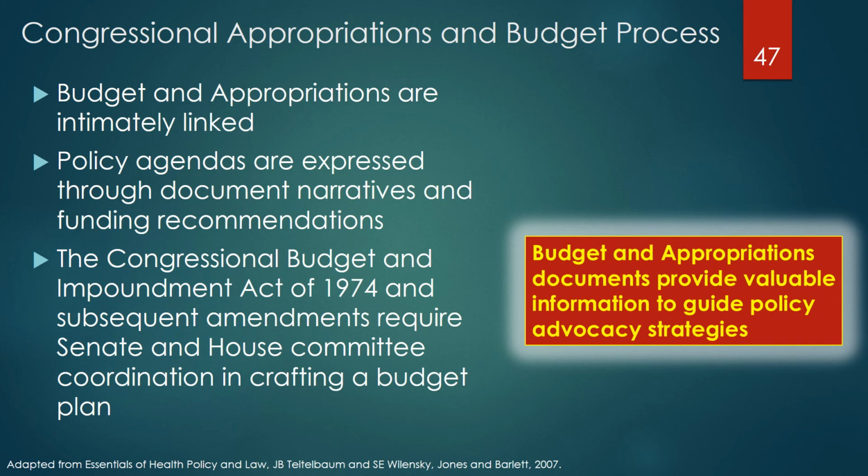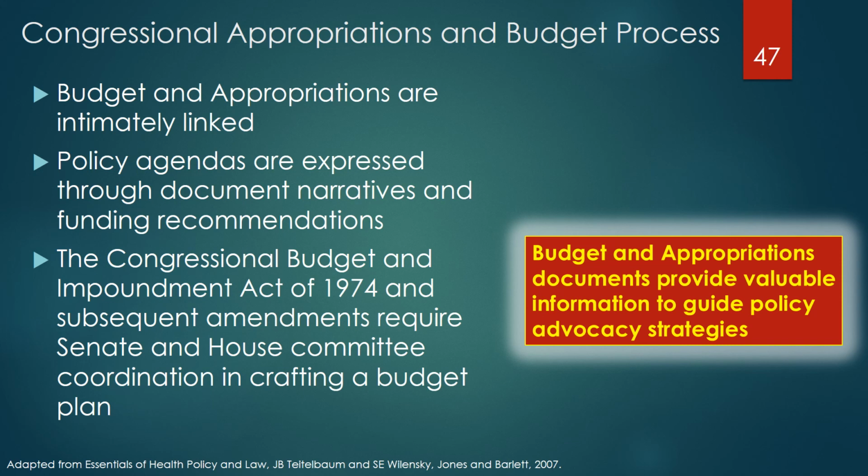Budget and appropriations documents include narratives along with charts and graphs that explain why programs are being funded and what the government hopes to achieve through those programs. These documents, along with their narratives, provide valuable information to guide policy advocacy strategies.